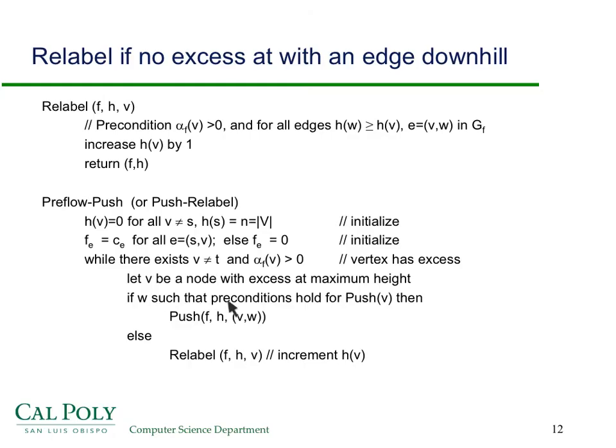So if there is a w such that the preconditions hold for push(v), in other words, v is at height w plus 1, then we push. Otherwise, we relabel v. Notice we know that if the precondition doesn't hold, then the height of v has to be less than or equal to the height of w. So it's all right to increment the height of v and not violate the setup for the height function.